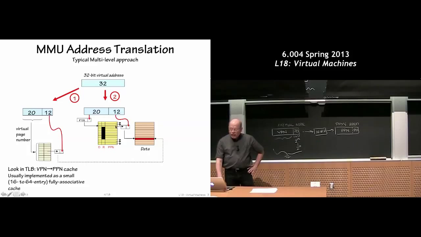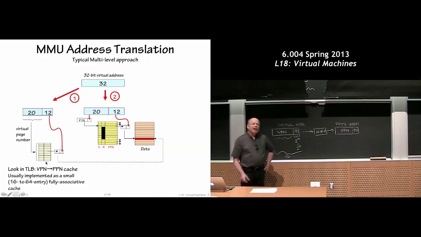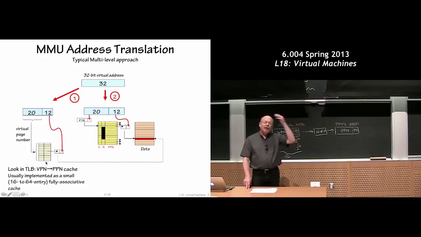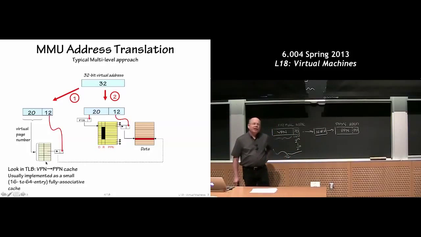We fetch the information from there, but that is an actual memory access that we have to make. That information can be used to complete the translation and come up with the actual address. At that point, we often cache the physical page number back in the TLB, so that once you've accessed a virtual page and gone through the page table, subsequent accesses to that virtual page go much more quickly.